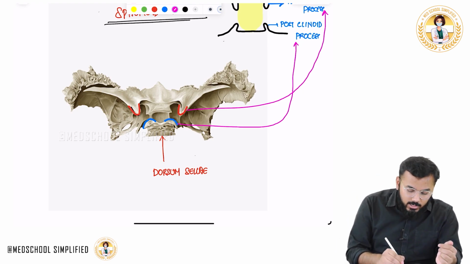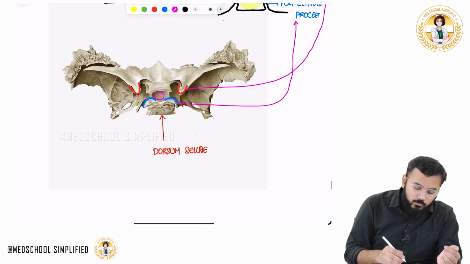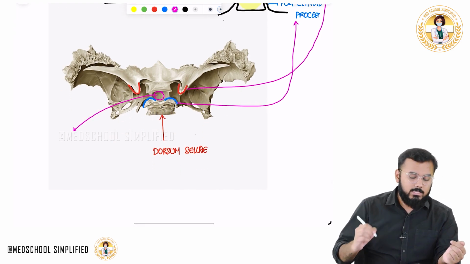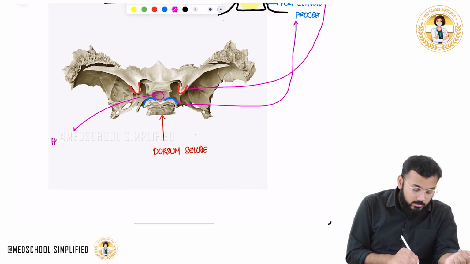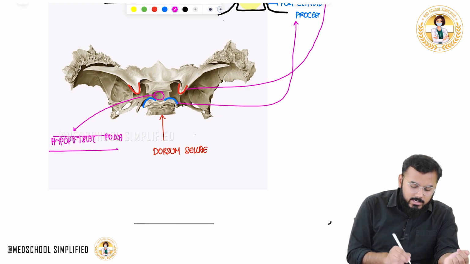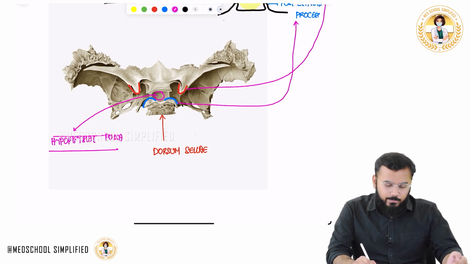You see a fossa-like thing exactly here. This fossa or concavity is called the hypophyseal fossa. What is sitting inside this hypophyseal fossa? The pituitary gland is sitting inside it.